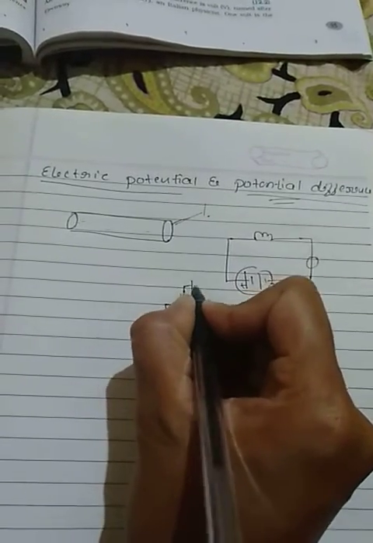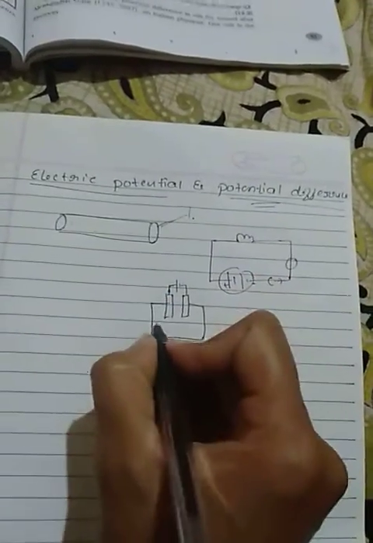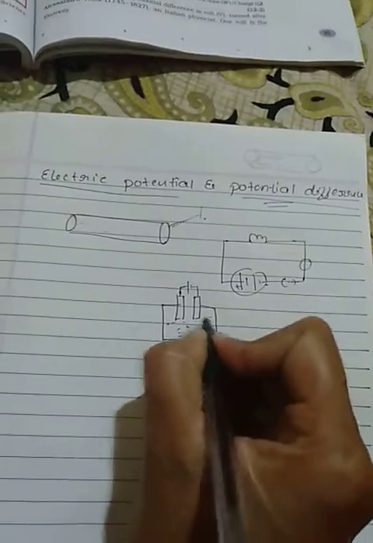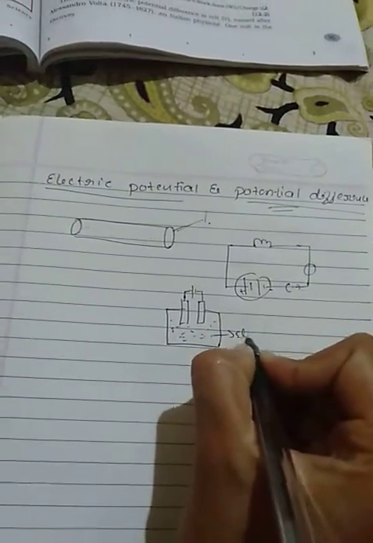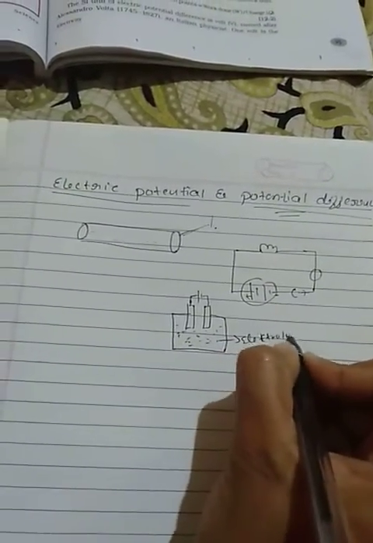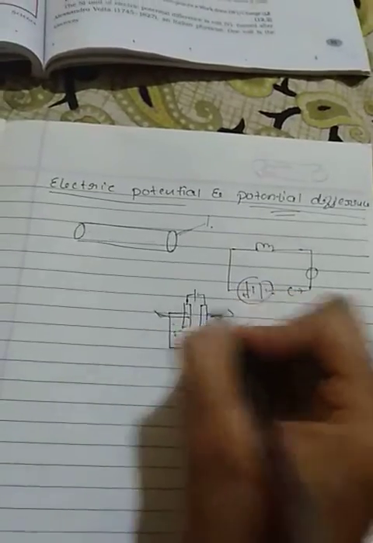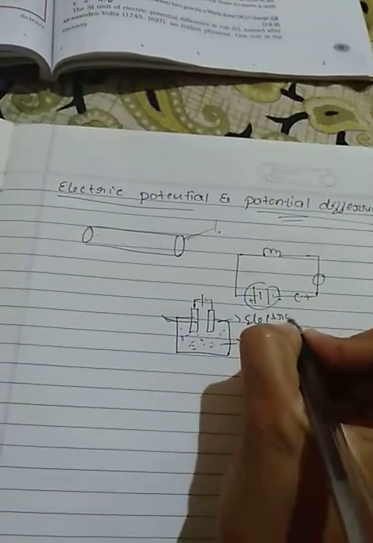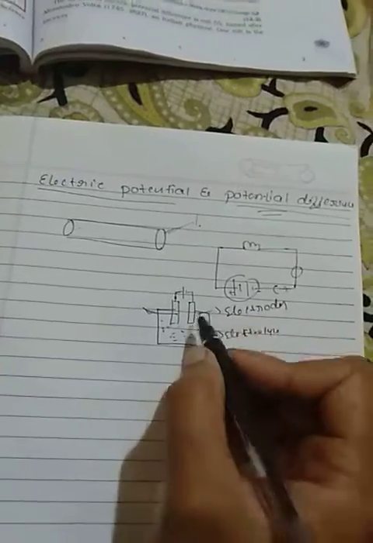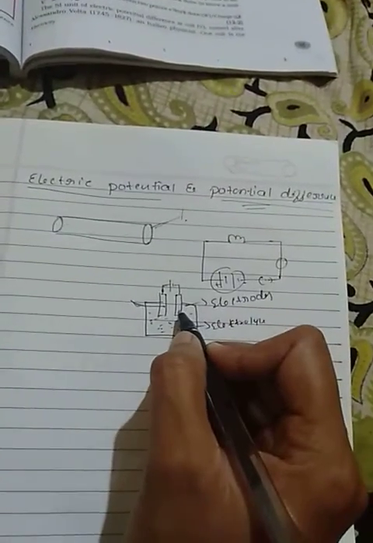This is the electrolyte solution. These are electrodes, one is the anode, another is the cathode.